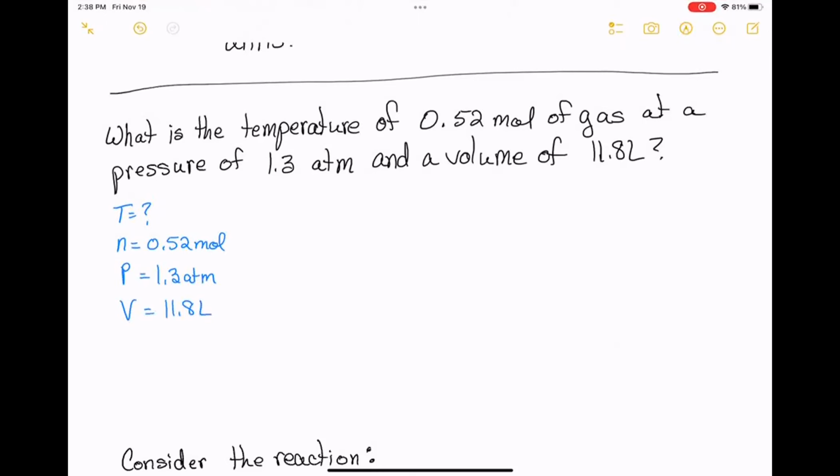By making my list, I see that I have a P, V, N, and T, which means that the gas law I need is PVNRT, or PV equals nRT. Now, to use PV equals nRT, I'm also going to need an R, which again, I'm going to grab: 0.0821 atmosphere liters per mole Kelvin.